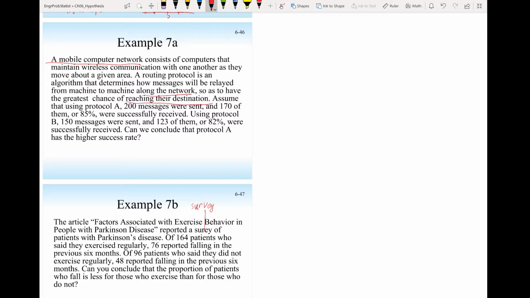Assume that using a protocol A, so now we have two protocols, we want to compare them. Which one gives a higher success rate of transmitting the data? So now we have protocol A. Let's call this population X and this population Y, protocol B.